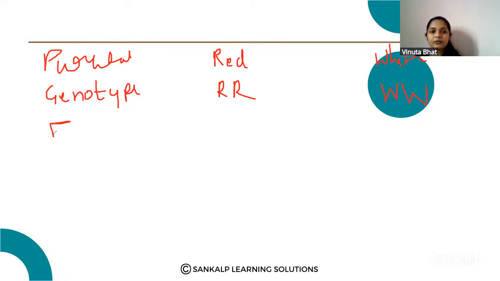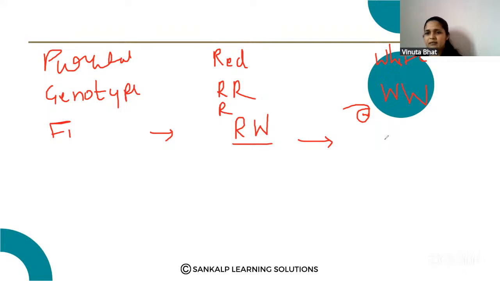So in the F1 generation, all plants are having R and W, and their gametes are R, W. So all the plants are having RW combination, means all plants are neither red color nor white color. Just I will take they are hybrid color. Okay, hybrid or intermediate pink color flowering plants are produced.